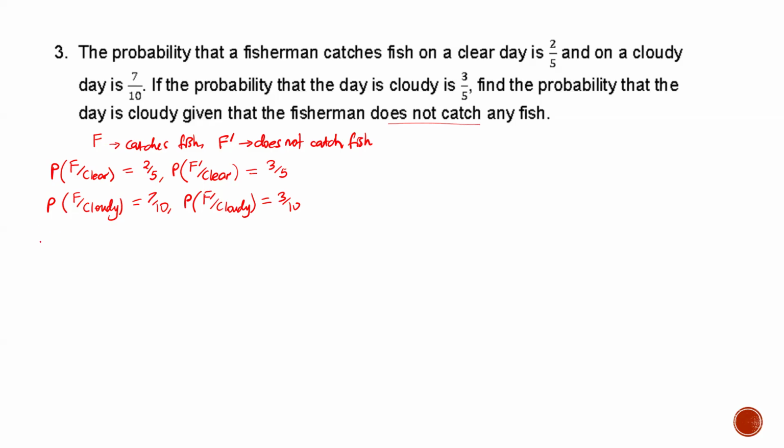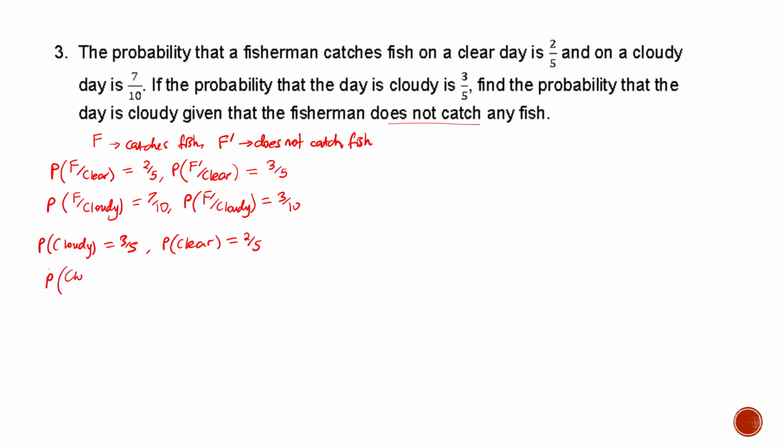Now, we've also been told that the probability that it's going to be a cloudy day is 3 out of 5. Now, the question doesn't say it, but we assume that it's either a cloudy day or a clear day, and that there are no other options. So the probability of it being a clear day will therefore be 1 minus 3 out of 5, which is 2 out of 5. Now, what does the question want?